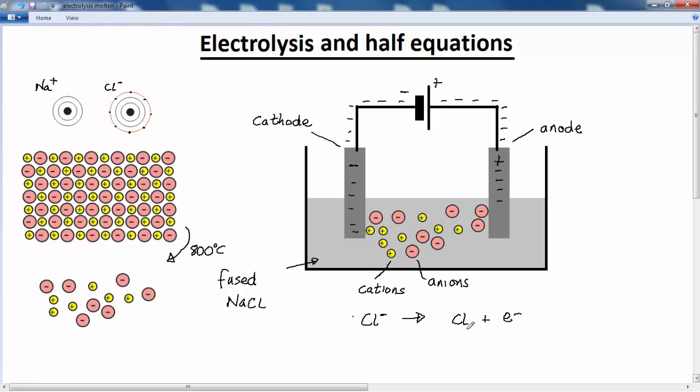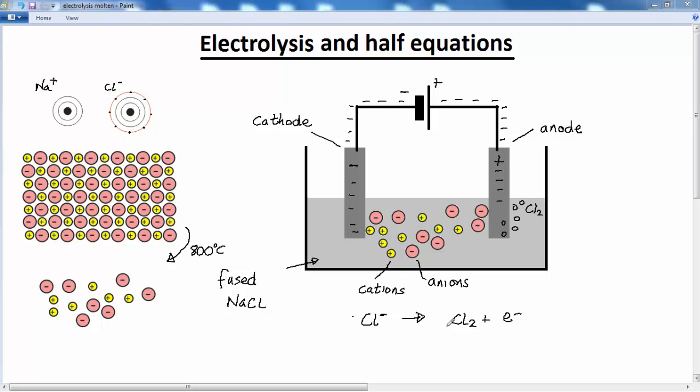Now, you remember that chlorine gas, as it exists in the atmosphere, doesn't exist as an atom on its own. It forms a covalent bond, joining together with another chlorine atom to form a diatomic molecule. So we really should write a 2 here. So what's going to happen at this anode is that chlorine gas, that's Cl2, is going to be released at the anode.